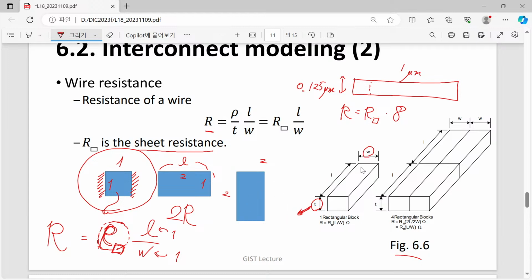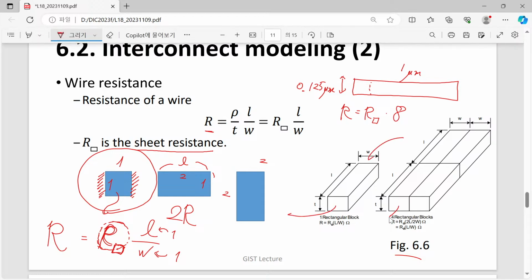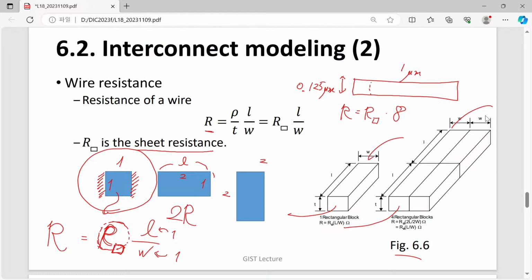If we measure the resistance between this and that, and between this and that, you will find that although their sizes are quite different, their resistance will be the same, because width is becoming twice and also length is becoming twice.